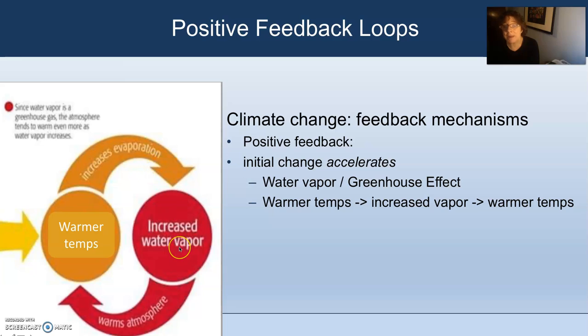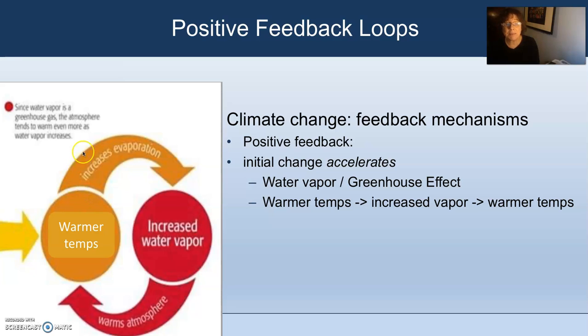These are events that might happen and might be correlated to this initial change of warmer temperatures. In fact, the increased water vapor accelerates the warmth of the atmosphere and drives it to warmer temperatures on top of it.